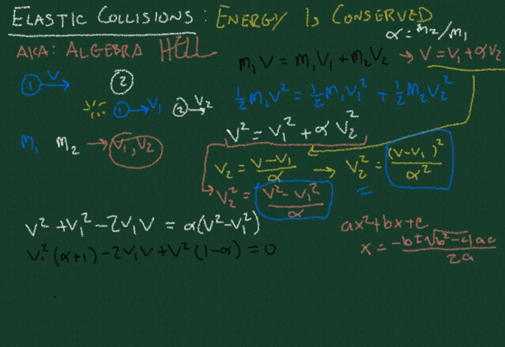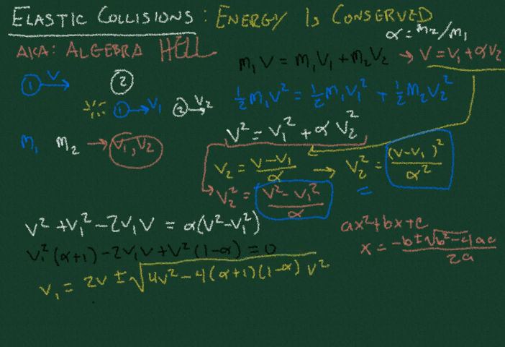And so we see that this is going to tell us that v1 is equal to 2v plus or minus the square root of 4v squared minus 4 times alpha plus 1 times 1 minus alpha v squared, and that's all divided by 2 times alpha plus 1.